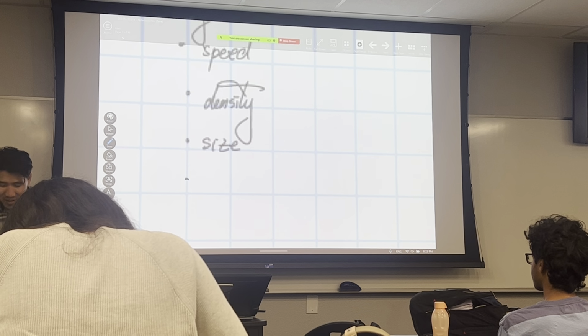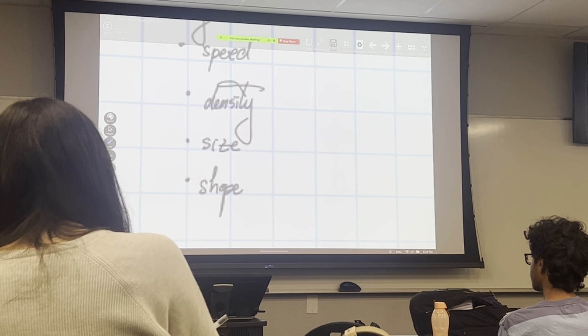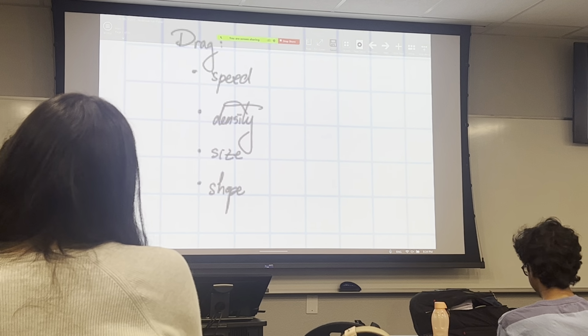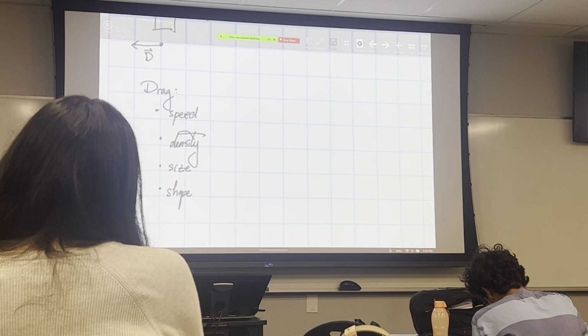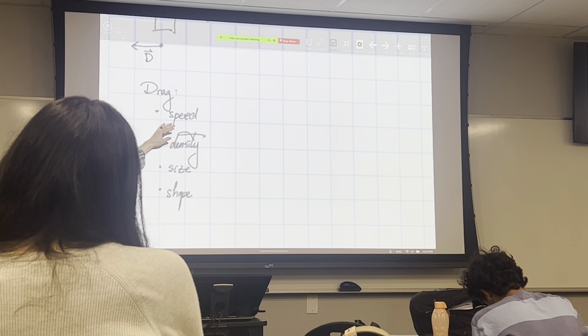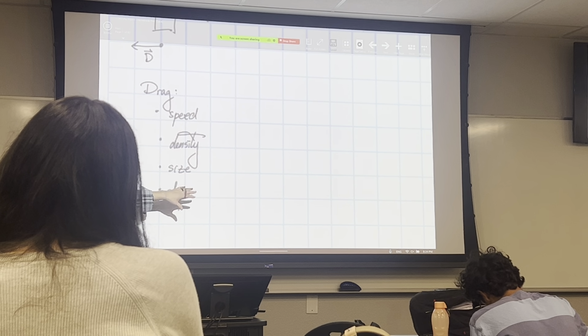So this idea of the surface area that you mentioned, we actually break it up into two simpler ones, and the combination of the two will give you the surface area aspect. So this is a pretty comprehensive list, all the main things that actually will affect the drag acting on you if you were to, say, move through some medium.